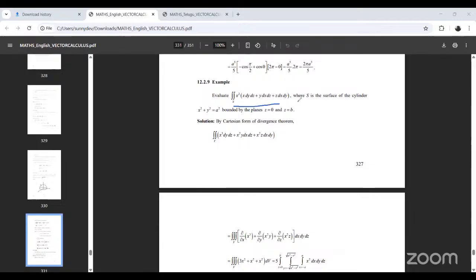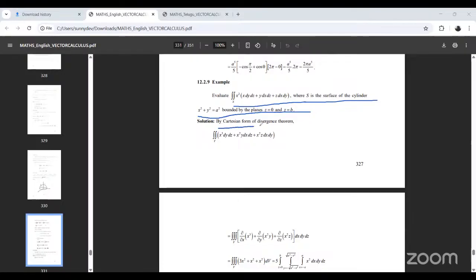Evaluate the integral of x into dy dz, y into dx dz, and z into dx dy, where S is the surface of the cylinder x square plus y square equals a square, bounded by the planes z equals 0 and z equals b.